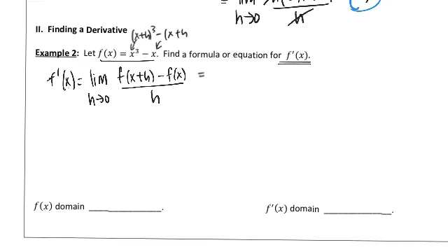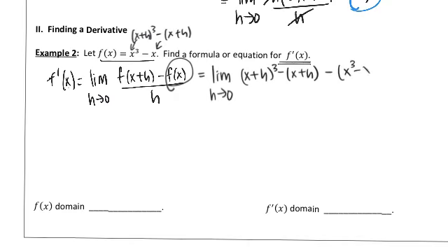So that's going to end up looking like that. So it's x plus, well, I should have my limit notation. Don't forget that. Limit as h goes to 0, x plus h cubed minus x plus h. And then f of x is x cubed minus x, and it's all over h.